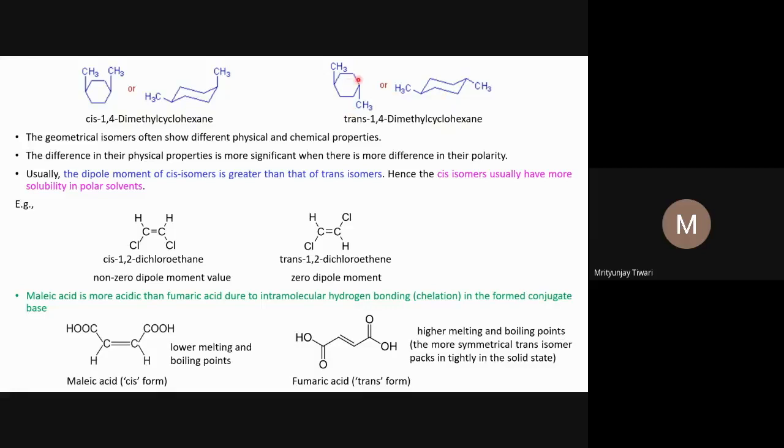In this form we show the trans isomer: the CH3 group in this case is above, and in this case it is below. So this is trans-1,4-dimethylcyclohexane, and this one is cis-1,4-dimethylcyclohexane.